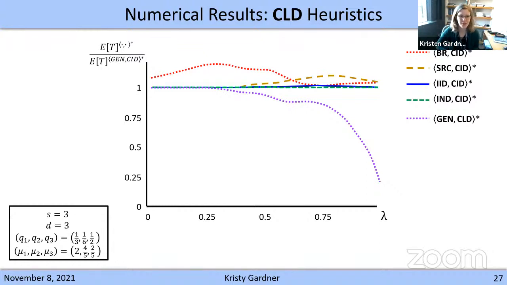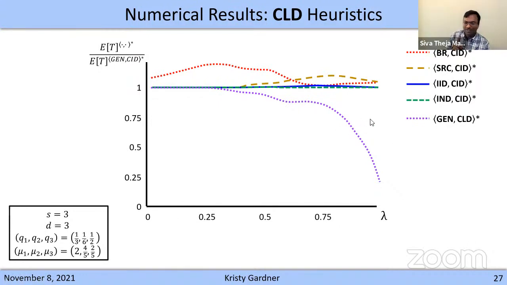Jazim Abdul-Jalil is one of the graduate students working on this, and he's the one who actually produced this plot. I don't know off the top of my head whether this line came from some of our more recent work on analyzing CLD, or whether it came from a grid search kind of optimization that he might have done to try to find the optimal policy. I think we are at a point now in our work where we can do some of this analysis of CLD. I just don't remember exactly where this particular graph was generated.